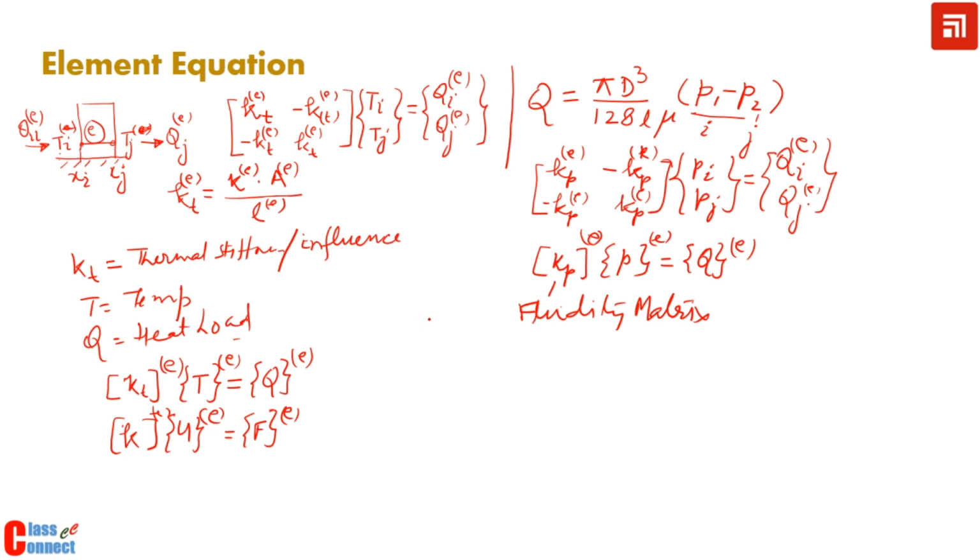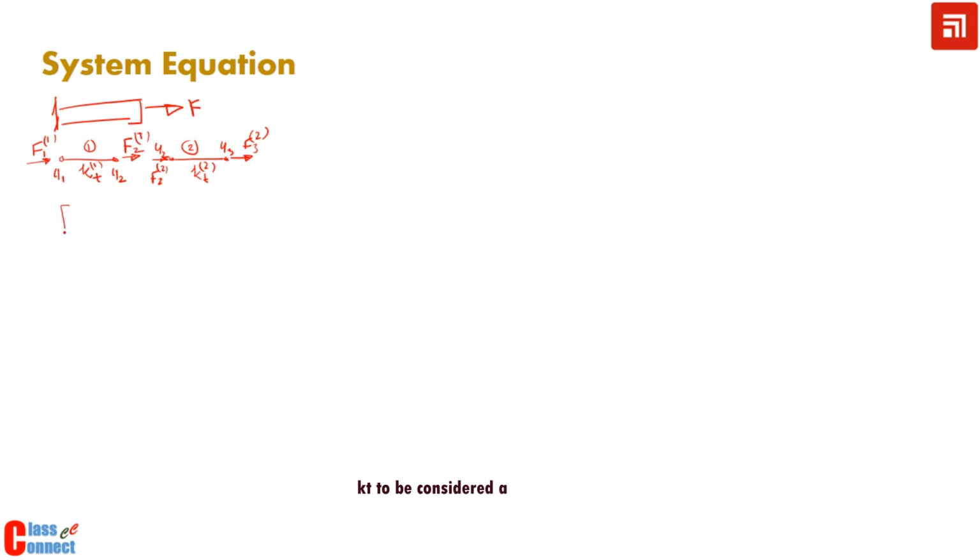And now we will go to how to assemble all these element equations by continuing with the example of stress analysis, for an axially loaded member. The element stiffness matrix, if we take k1 common, can be easily written as k1 times [1 −1; −1 1] times {u1, u2}, equal to {f1, f2} for element 1.